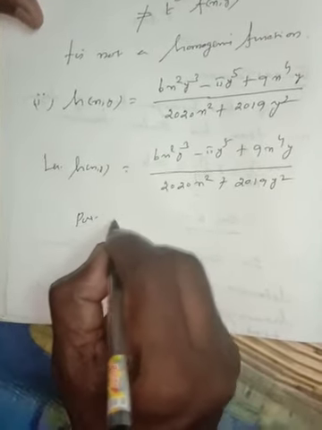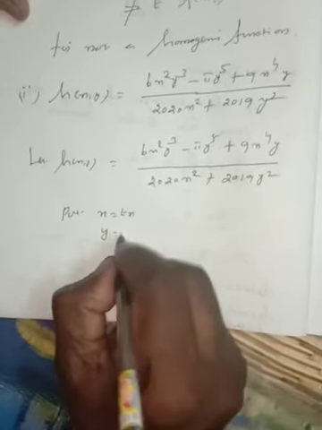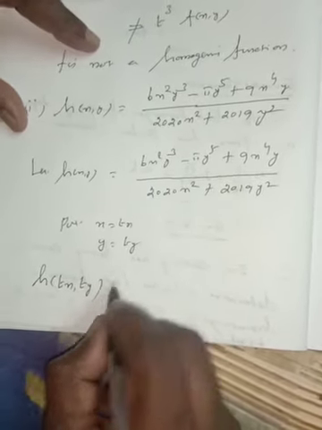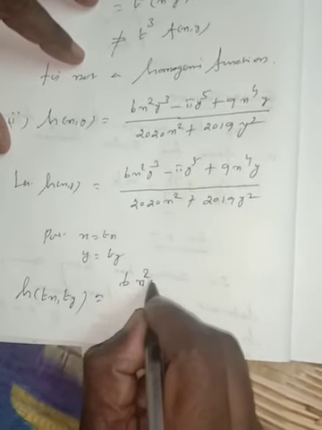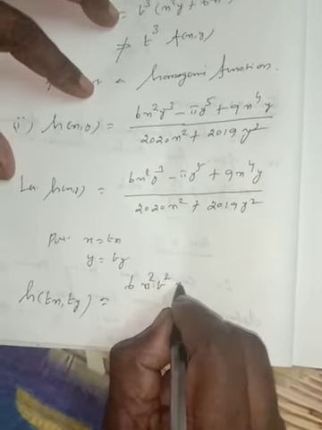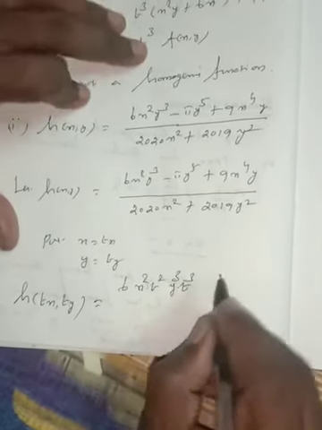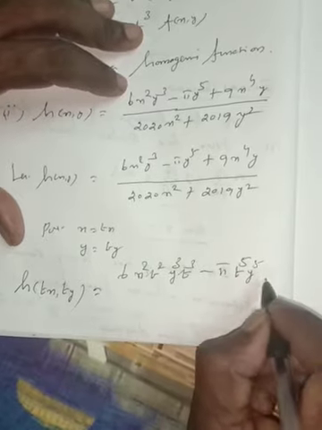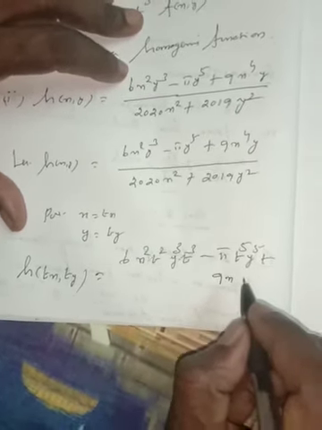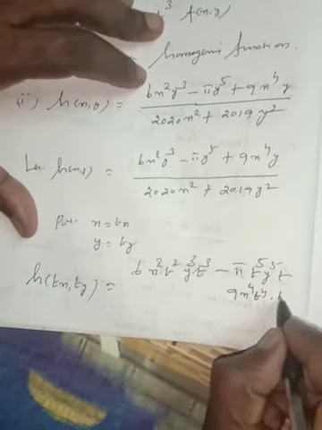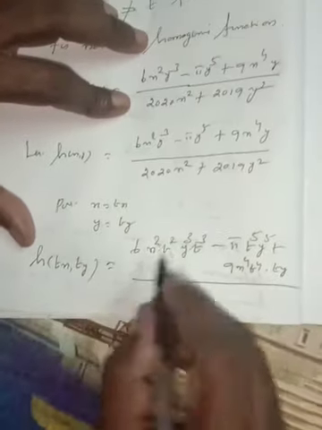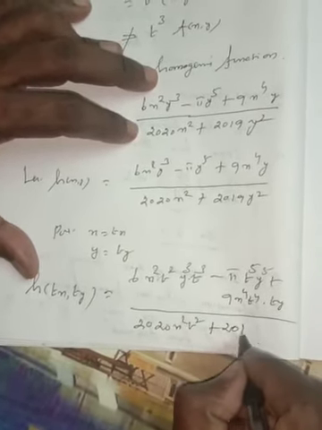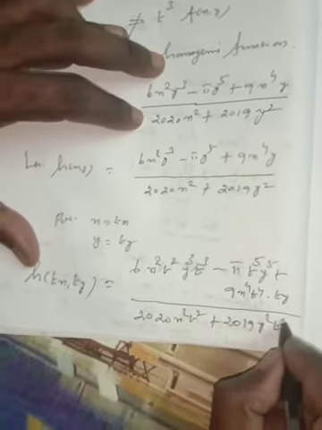Put x equal to tx, y equal to ty. H of tx comma ty is equal to 6 x square t square y power 3 t to the power of 3 minus 5 y to the power of 5 t to the power of 5 plus 9 x power 4 t to the power of 4 into ty, whole divided by 2020 x square t square plus 2019 y square t square.